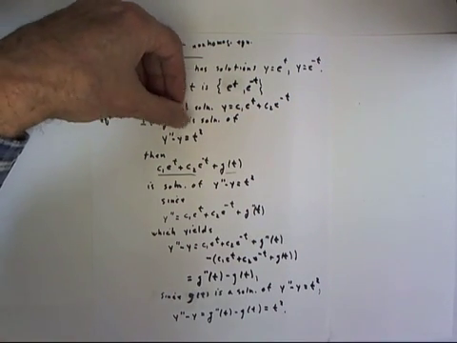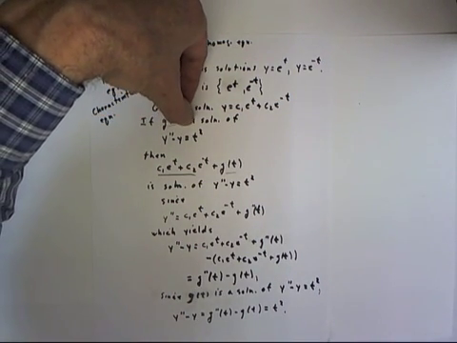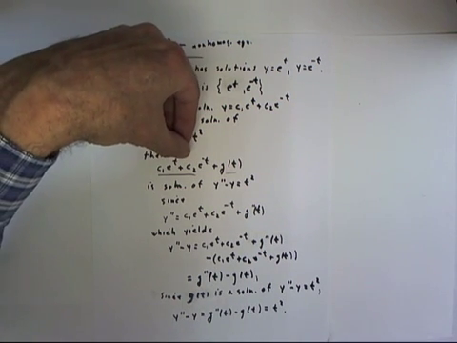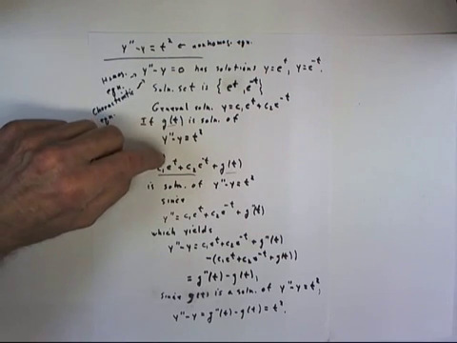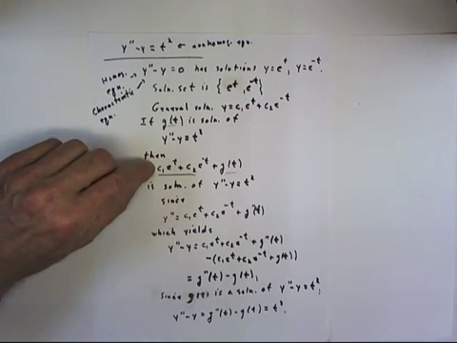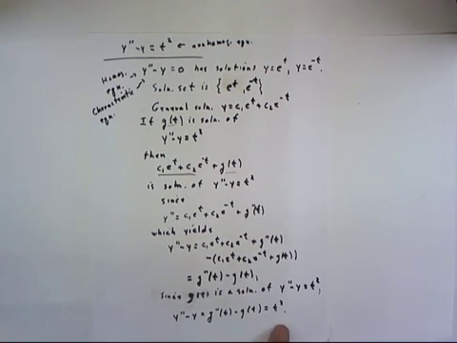Again, if g of t is a solution to this equation, then adding the solution to the characteristic equation, the solution to this homogeneous equation, still gives us a solution.